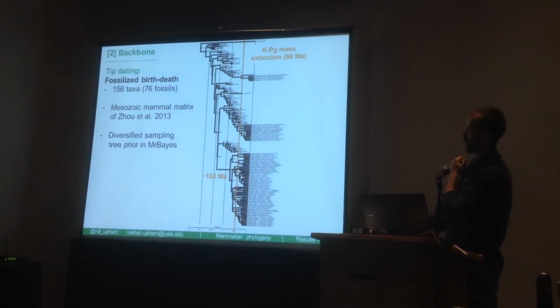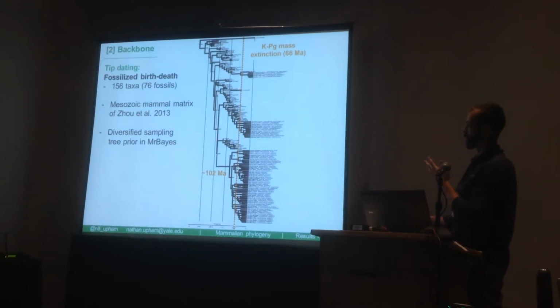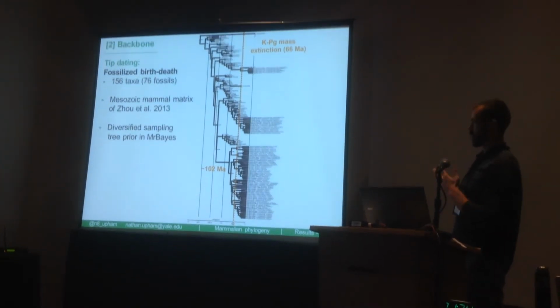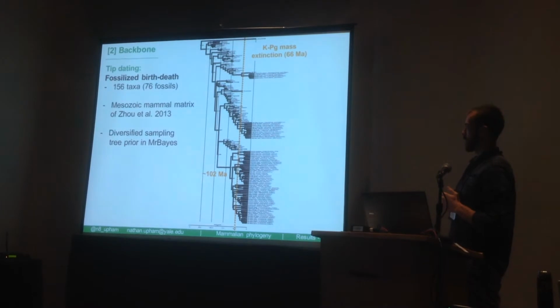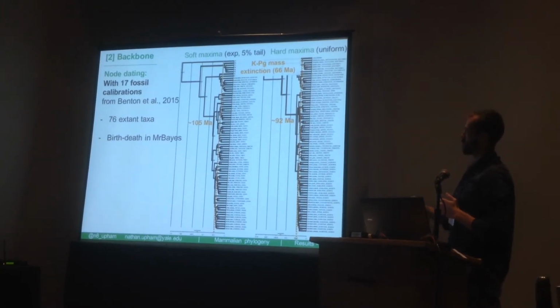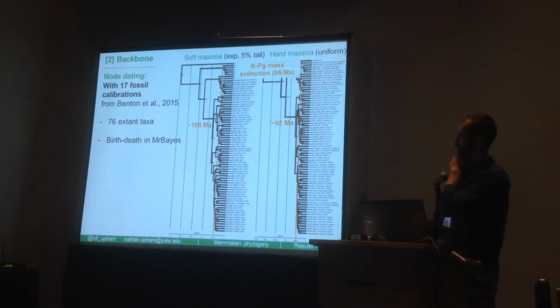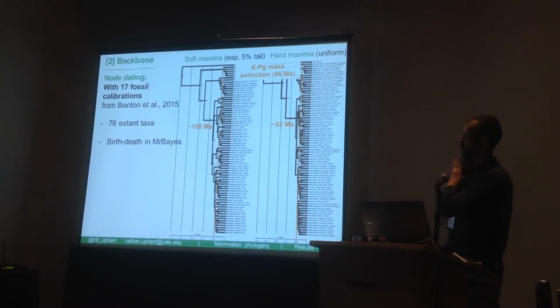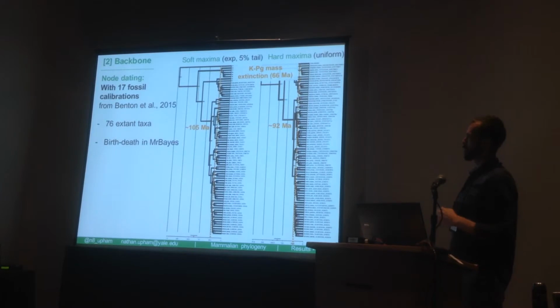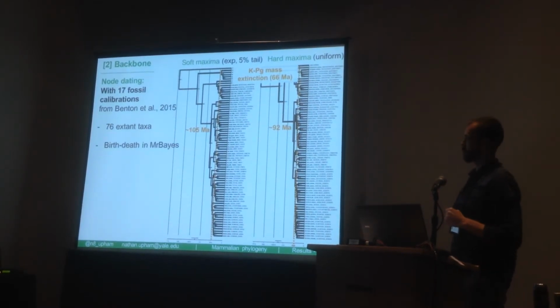The crown of placentals is at 102 million years, which is a little earlier than some people think, but it seems somewhat reasonable. In comparison, we did this node dating approach as well, with 17 calibrations from the Benton compilation that covers tetrapods. We picked out these 17 for mammals.